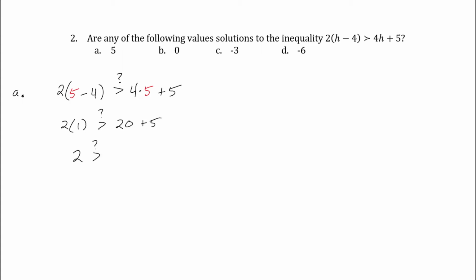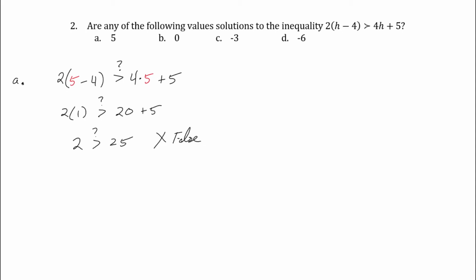Is that greater than 25? That's false. So no, 5 is not a solution to 2 times h minus 4 is greater than 4h plus 5.